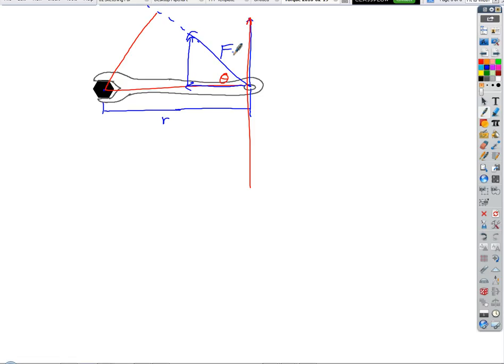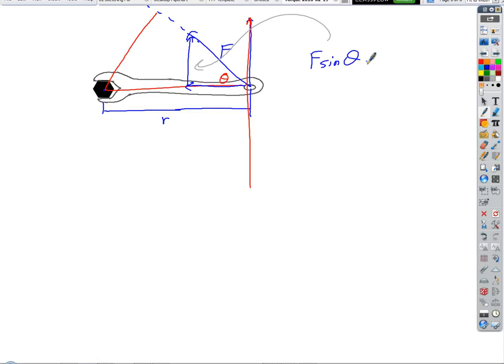What's it going to be? It's going to be sine, isn't it? Because it's an opposite issue. So this component right here is going to be F sine theta. Agree? So that's the part that contributes the force, right?